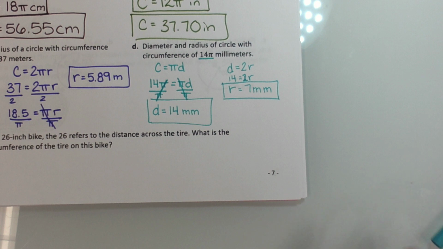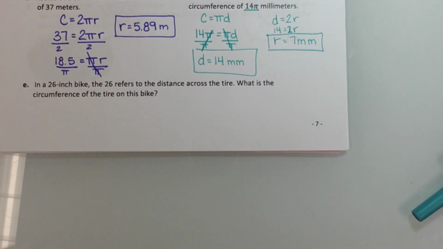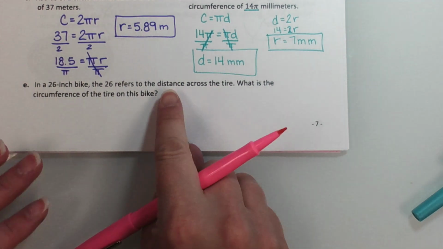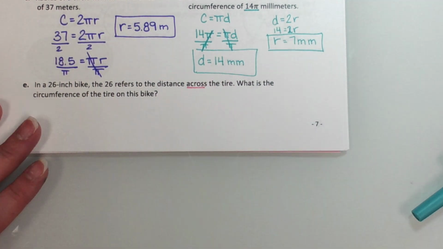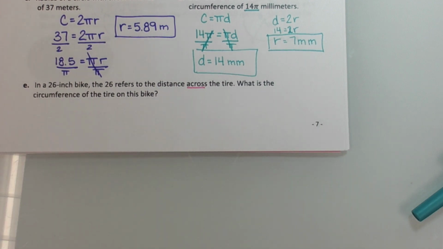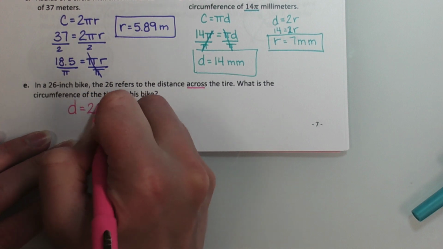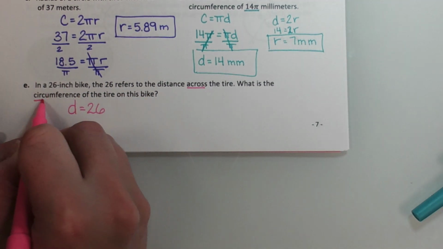Okay, what if I give you a word problem? In a 26-inch bike, 26 refers to the distance across the circle. If you go all the way across the circle, in other words, diameter is 26. What is the circumference?